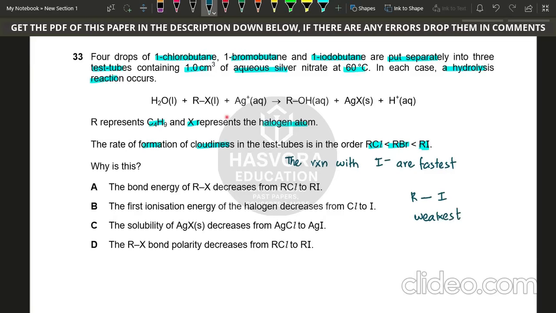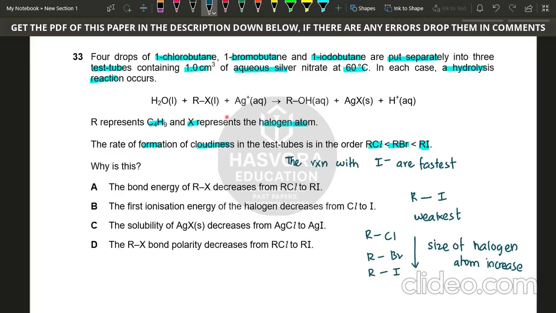When we progress from chloride to bromide and then to iodide, the size of the halogen atom increases. So the bond overlap is less efficient, and the bond is much easier to break because there is less nuclear attraction towards the shared pair of electrons.